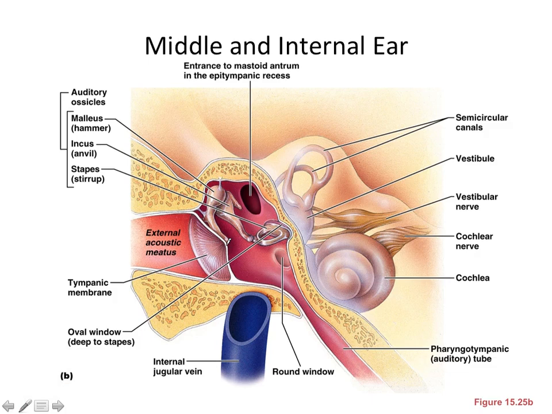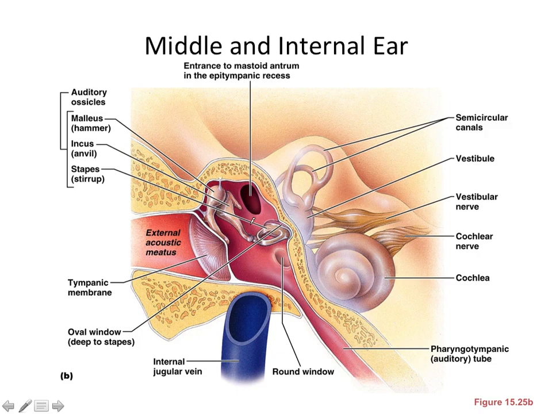It is very sensitive to air vibration, so it can convert the air vibration to mechanical vibration. Then we have three tiny bones, which transfer the mechanical vibration to the vestibule.